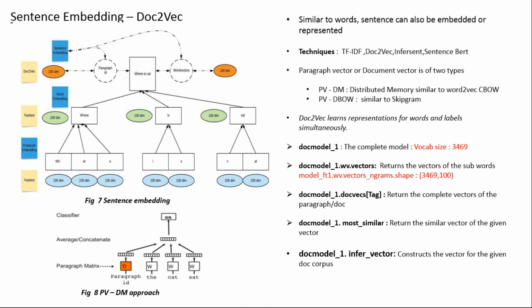As I said, there are different techniques to embed the sentence as such: TF-IDF, doc2vec, InferSent, Sentence-BERT, and other techniques as well. Here I am going to use doc2vec to embed the sentences. Now you have to understand one thing: here sentences mean customers, because we grouped by customers and then listed the products in terms of customers.